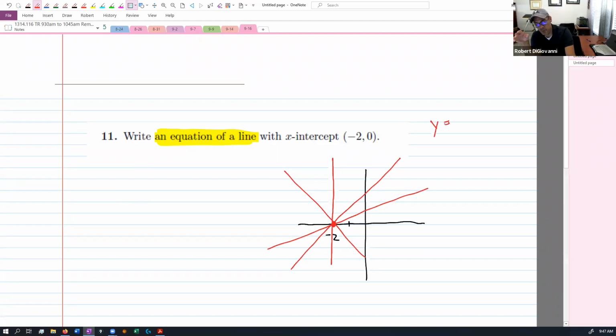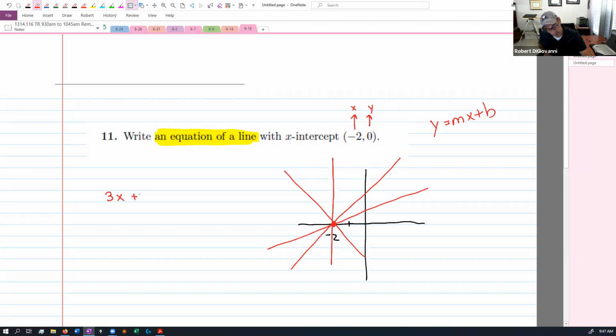So if I was trying to figure out an equation of a line, what I know is that when I plug in -2 for x and 0 for y, the equation needs to be true. That's what I need. So let me do it, and then I'm going to ask you to make up your own. I'm just going to start making this up.